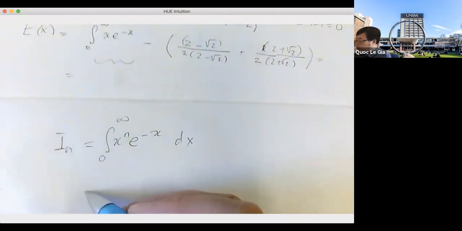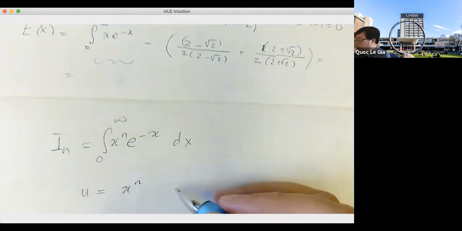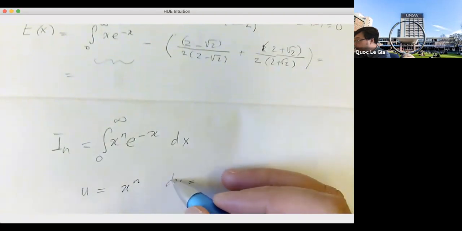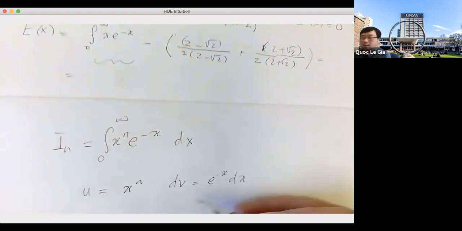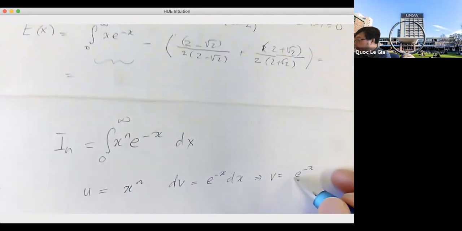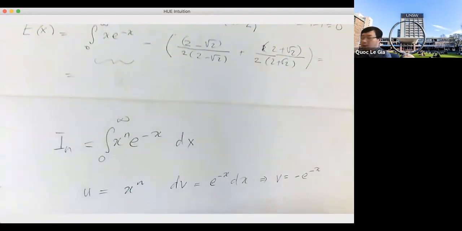if I put u equal x to the n, and I put dv to be e to the minus x dx, then what is v? So v will be minus e to the minus x. And what is du?